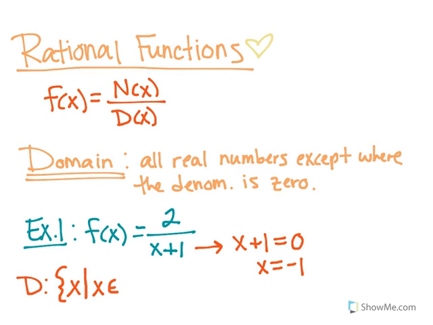Real numbers is denoted as a double-barred R. So the whole thing reads so far, x such that x is an element of all real numbers, and then we do a comma, and now we're going to tell the reader the one x value, or two or three x values, where this doesn't work. So we're going to say x is not equal to -1. And then we close our curly bracket.